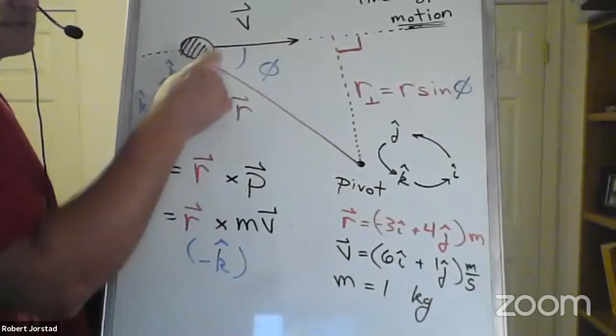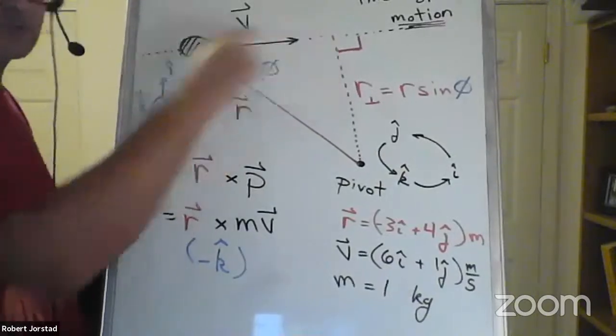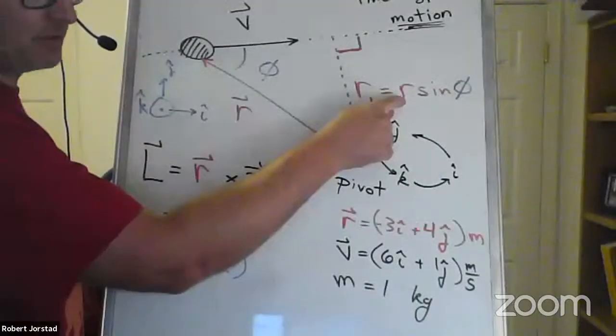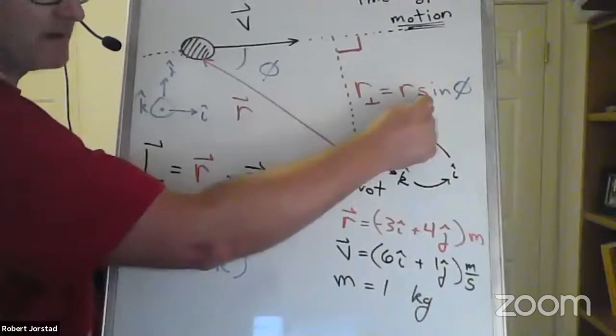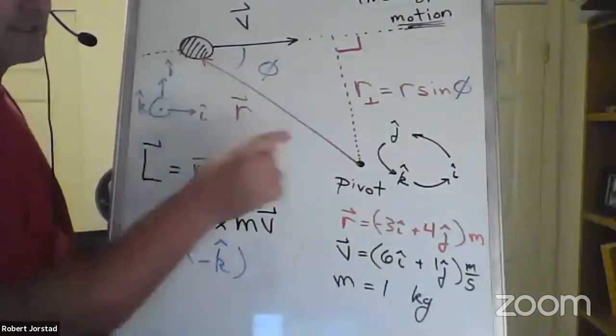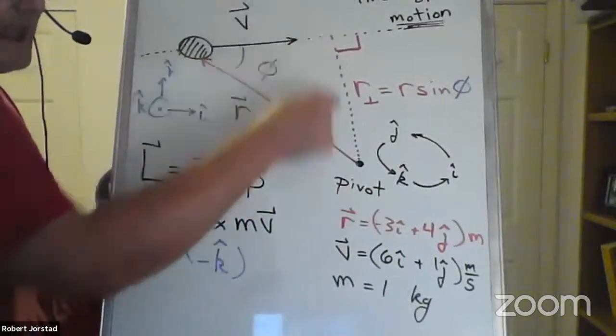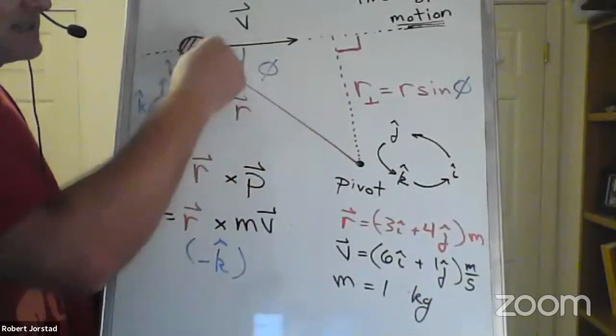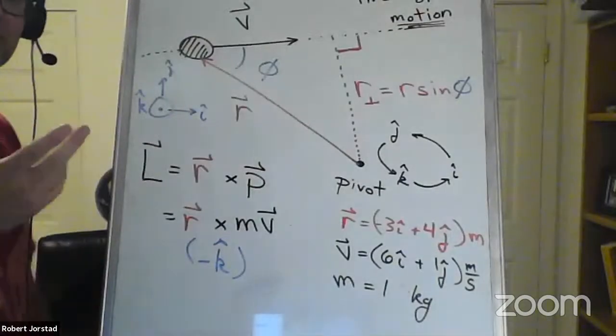So right here, it looks like it's about 45. Right here, it's going to be close to 90. And so what's weird about this is this number shrinks, this number gets bigger, which makes the sine bigger. And as a result, this term right here actually stays the same. Do you see that? Our r perpendicular is the same for any point in the line of motion.